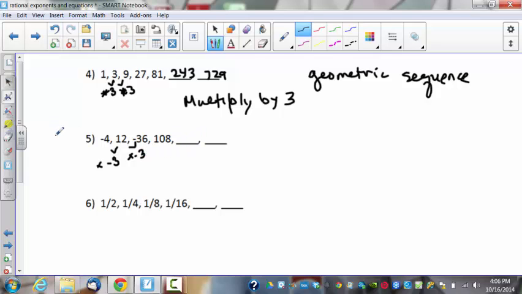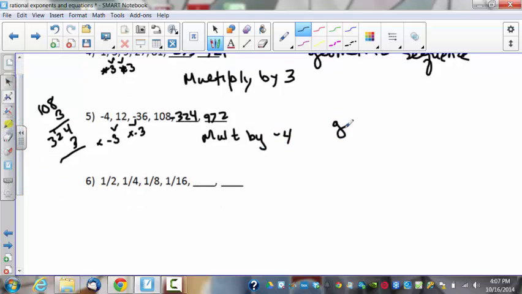So 108 times negative 3 is negative 324, and negative 324 times negative 3 would be 972, because a negative times a negative is a positive. So again, here we're multiplying by negative 4. And this is also a geometric sequence, because we're multiplying by the same number each time.